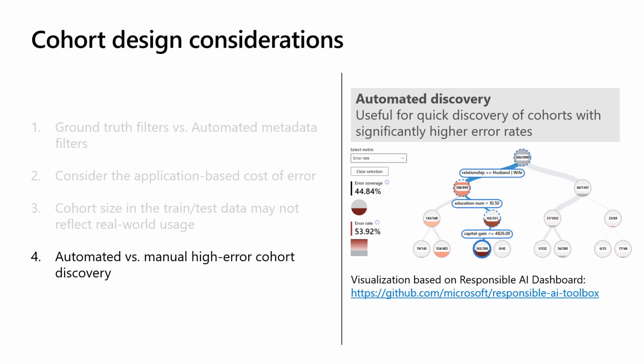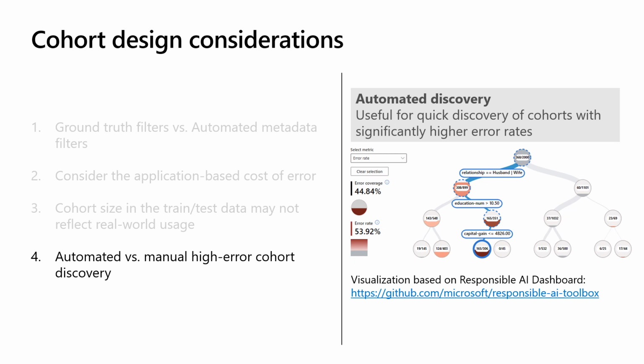Such methods are particularly useful if there are lots and lots of input conditions to deal with. The visualization that I'm showing here is taken from the Responsible AI dashboard, and it uses a decision tree to best separate error cases from success cases. Each path in the tree then becomes a cohort that can be described by using the same filters that are used in the tree path.